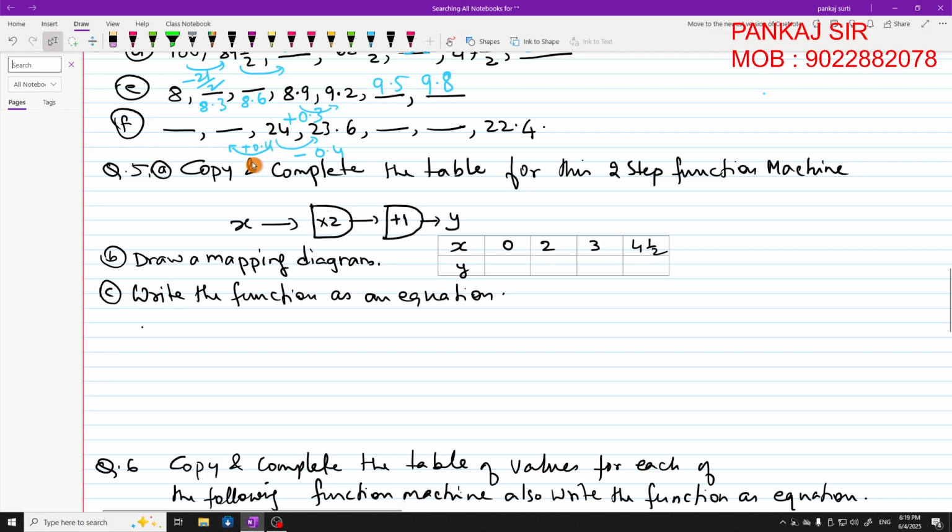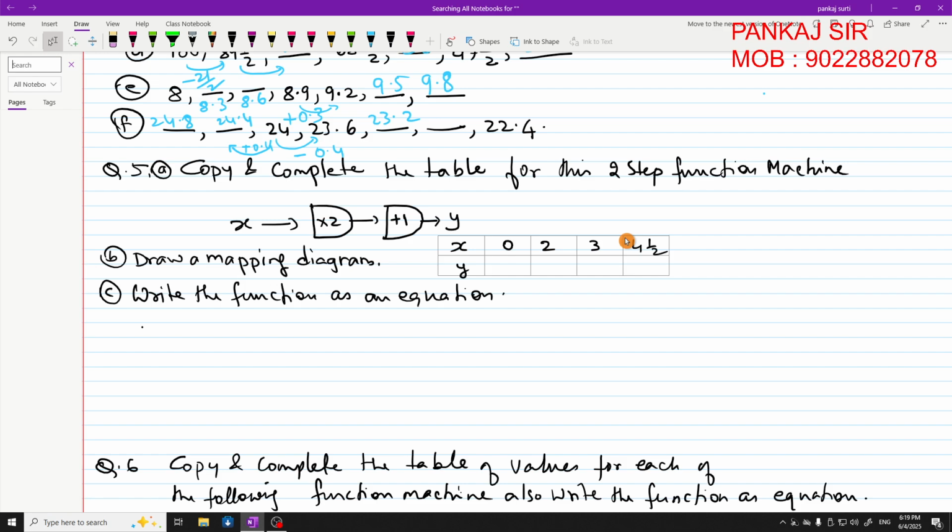So 24 plus 0.4 will be 24.4, and 24.4 plus 0.4 will be 24.8. So your sequence starts with 24.8, minus 0.4 will give you 24.4, minus 0.4 will give you 24, minus 0.4 will give you 23.6, minus 0.4 will give you 23.2, and minus 0.4.